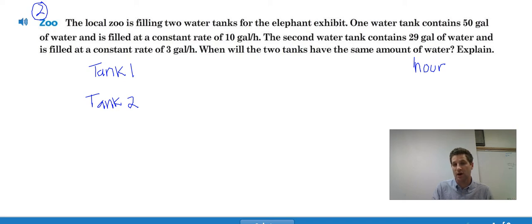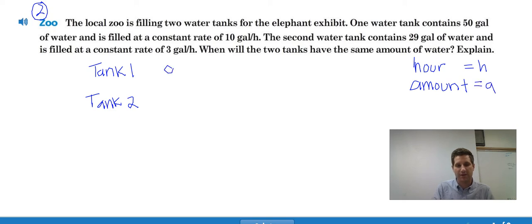One tank contains 50, and it's filling a little bit faster. The second one is 29 gallons, a little bit slower, so amount. All right, so next we want to set up an equation. The variables we're going to use are H and A.